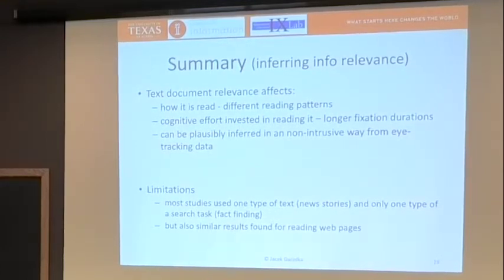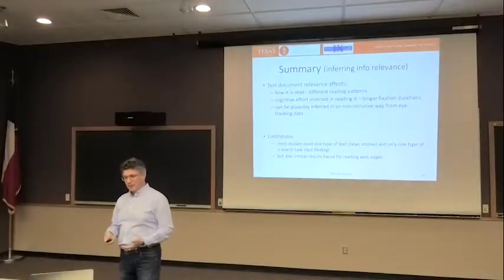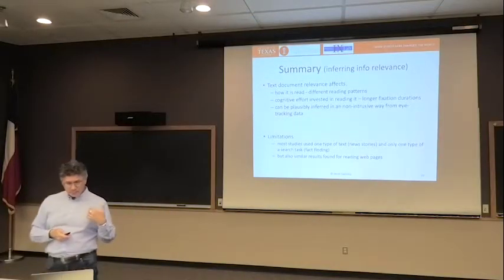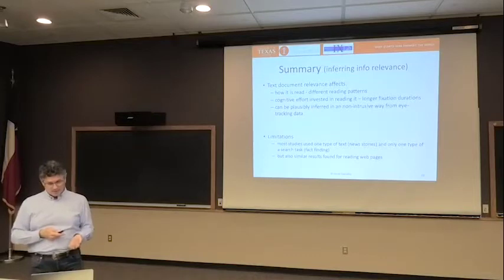There was also a cognitive effort difference between the processing of irrelevant and relevant documents. And so overall, plausibly, this type of signal can be used in addition to more traditional signals to inform us additionally about the relevance of documents.